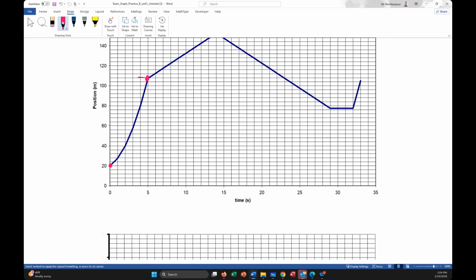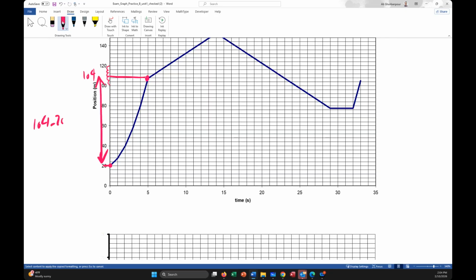What is the displacement here? Each one is 4 units. Here is 104. What is the displacement?